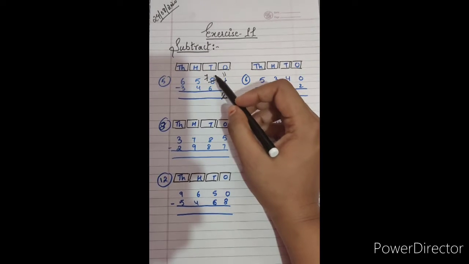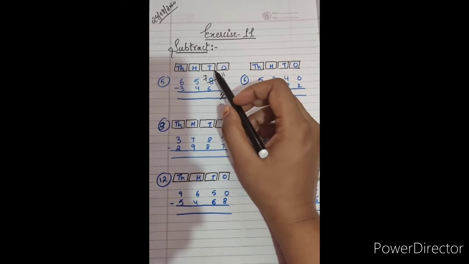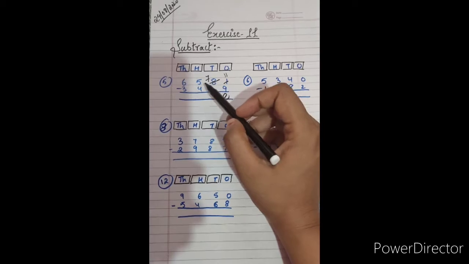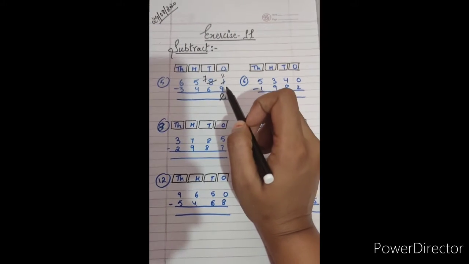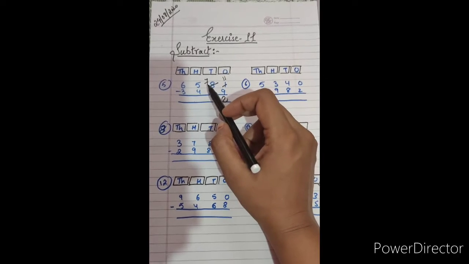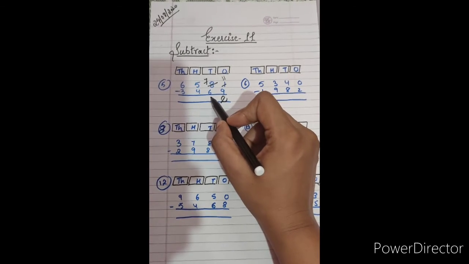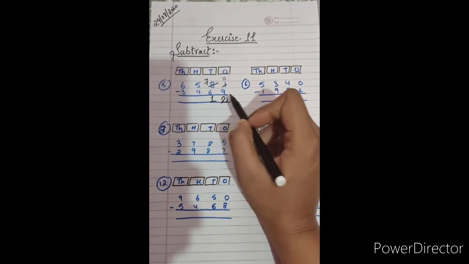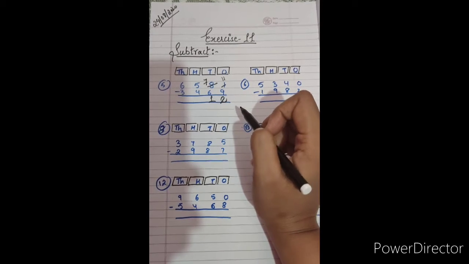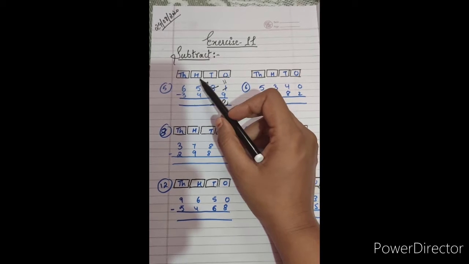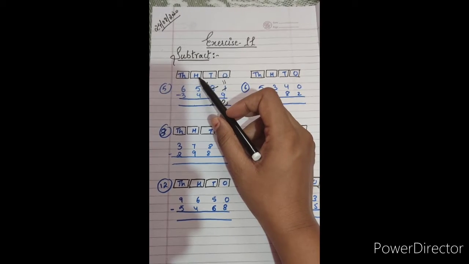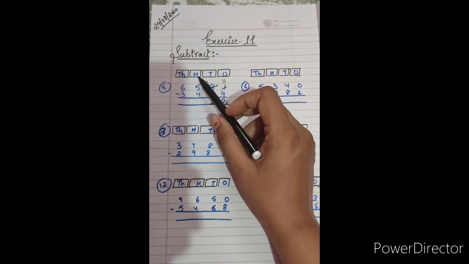Now in tens position, step 3 is subtracting the tens. So we want to subtract 6 from 7. It is possible. So 7 minus 6 is 1. So write 1 under the tens column. And now step 4, subtracting the 100.